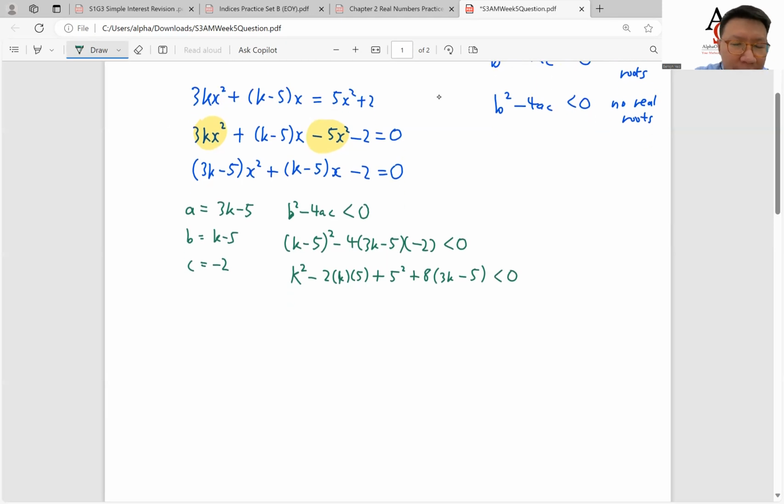Let's further simplify, and group items together.